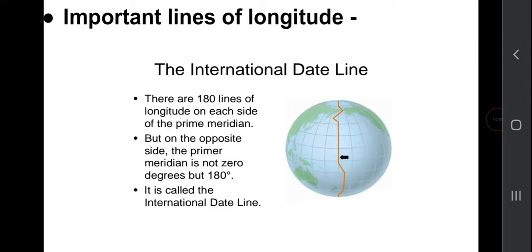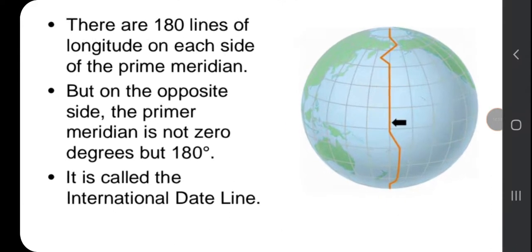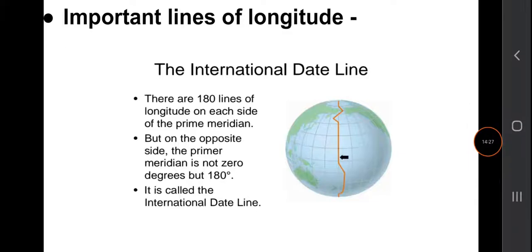And another important line of longitude is the international date line. There are 180 lines of longitude on each side of the prime meridian. Okay. So the opposite side of prime meridian is 180.